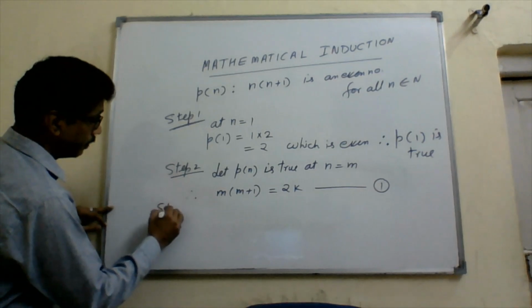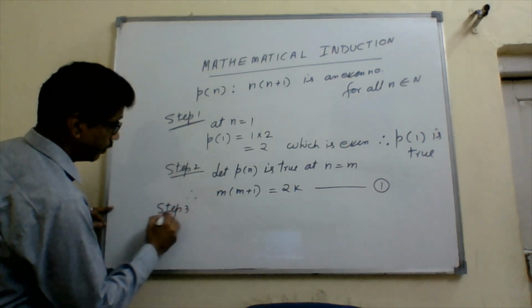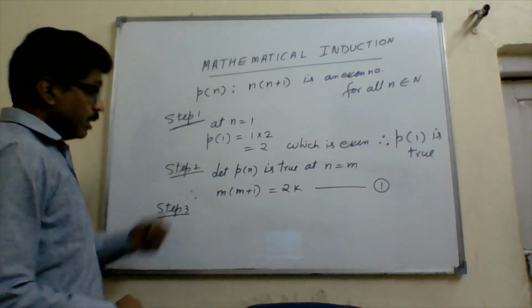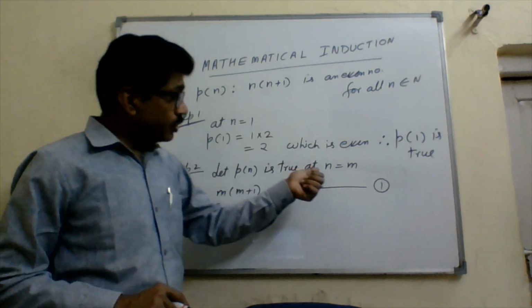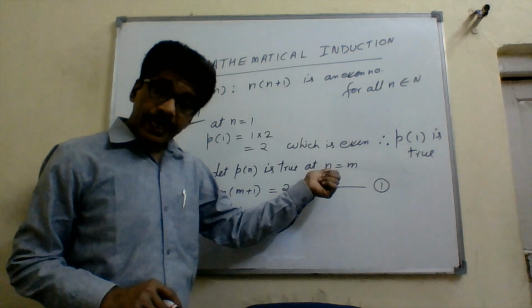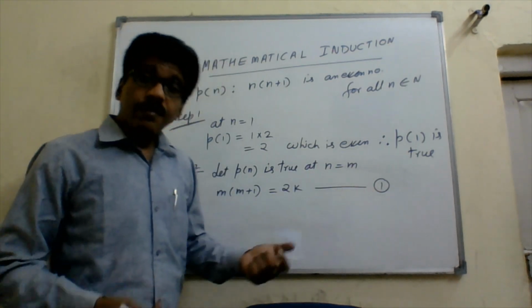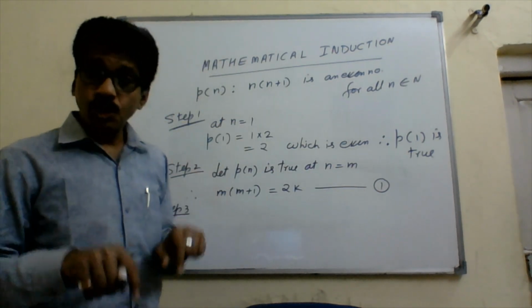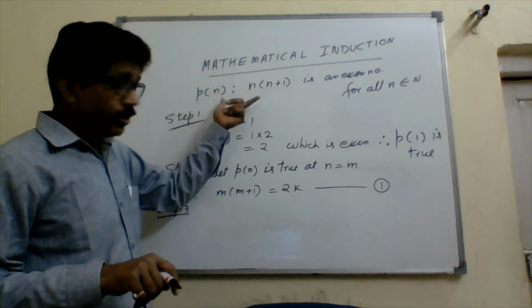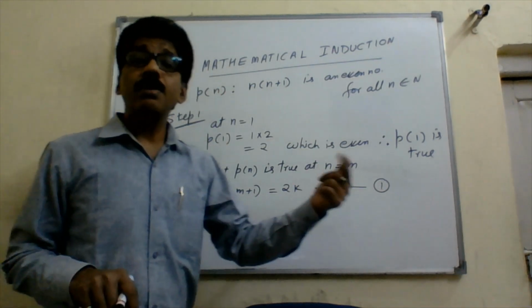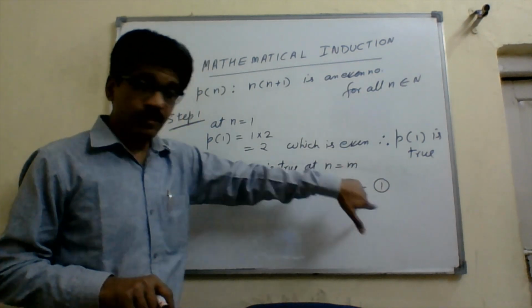Step 3. After presuming that this statement is true at n is equal to m, we now show that this statement is true at n is equal to m plus 1, just the next value.